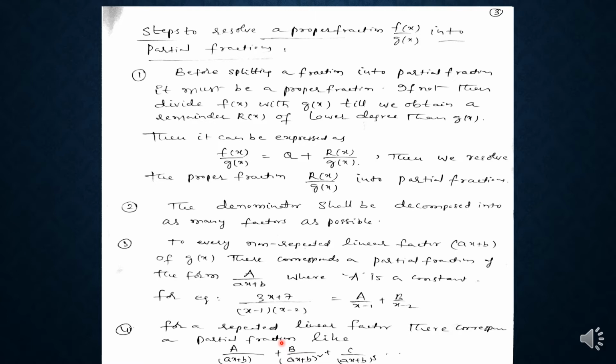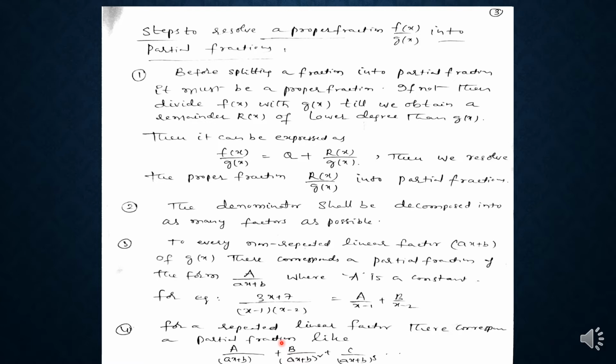At first, the fraction should be a proper fraction, that means the degree of the numerator is less than the degree of the denominator.